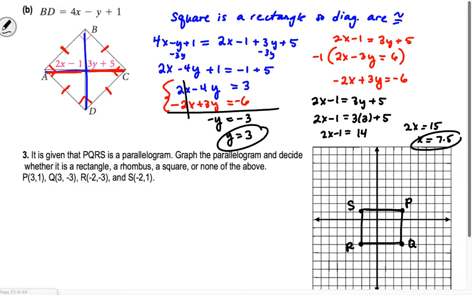It looks like a square, so let's count our sides. The bottom is 5. What about these ones? 4 and 4. So be careful. Don't say it's a square unless you know for sure. So what is it then? It's a rectangle, right? Okay. Does this make sense? You guys get that? All right.